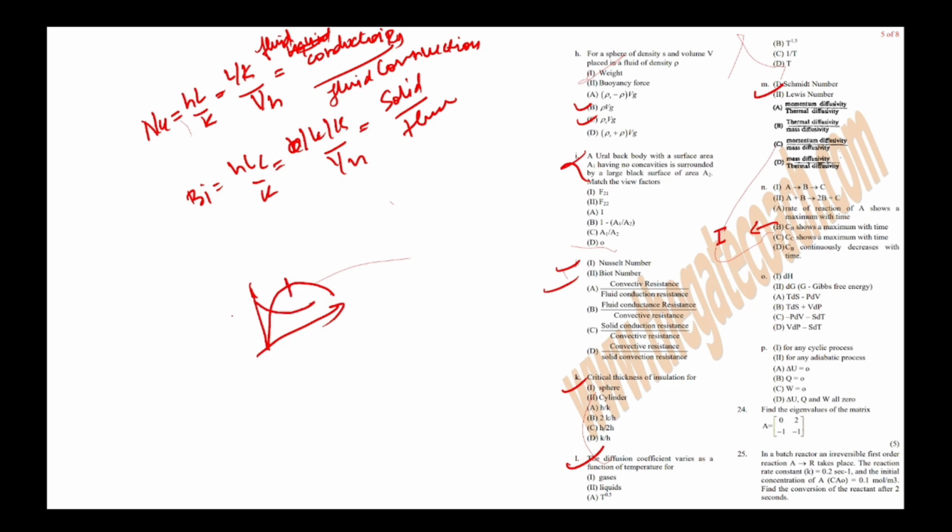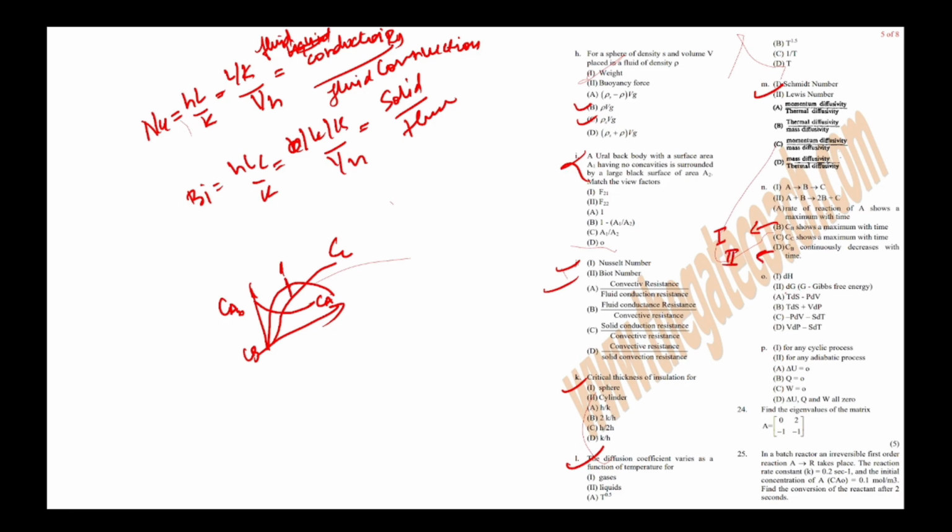CA's concentration will go like this, CB after some time will decrease, and the concentration of C will go like this. So this is first, and this is second.